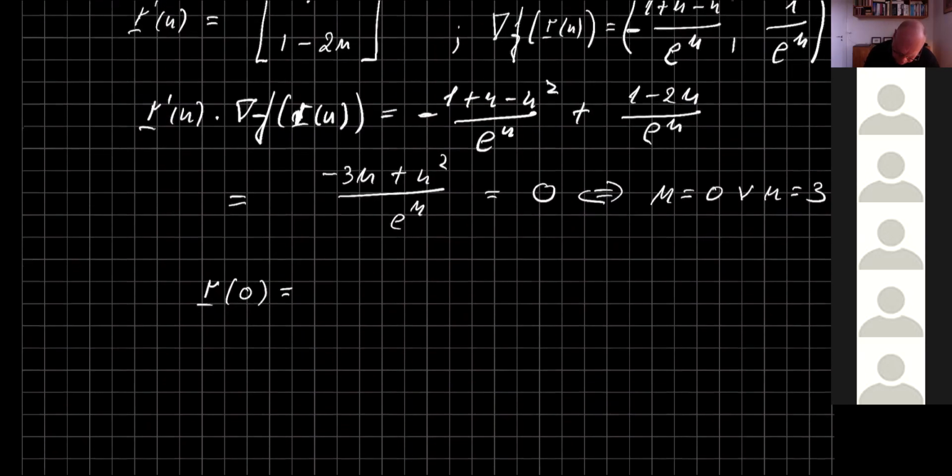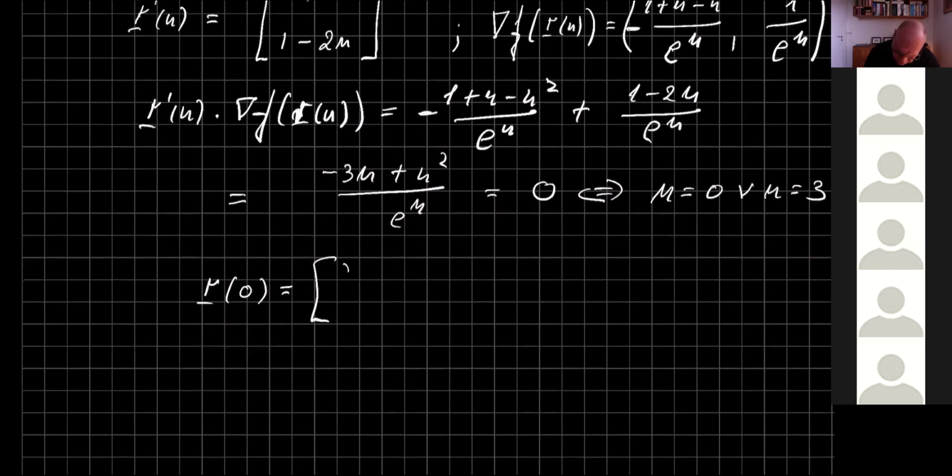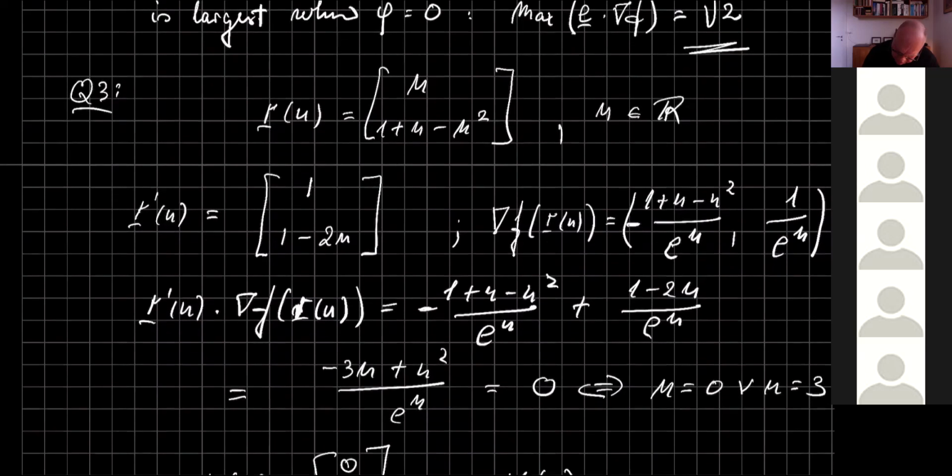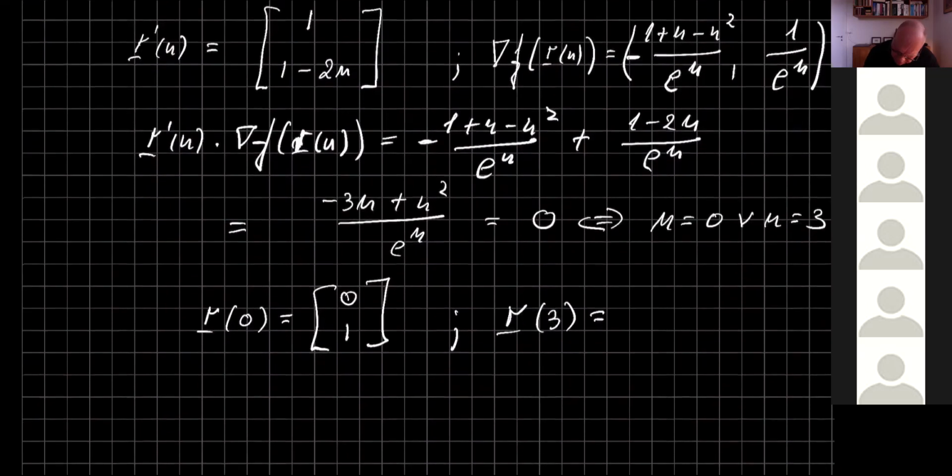It will be 0, 1. And for u equal to 3, you get 3, and 1 plus 3 minus 9, that is minus 5. So this will be 3, minus 5. This is the result of the question.